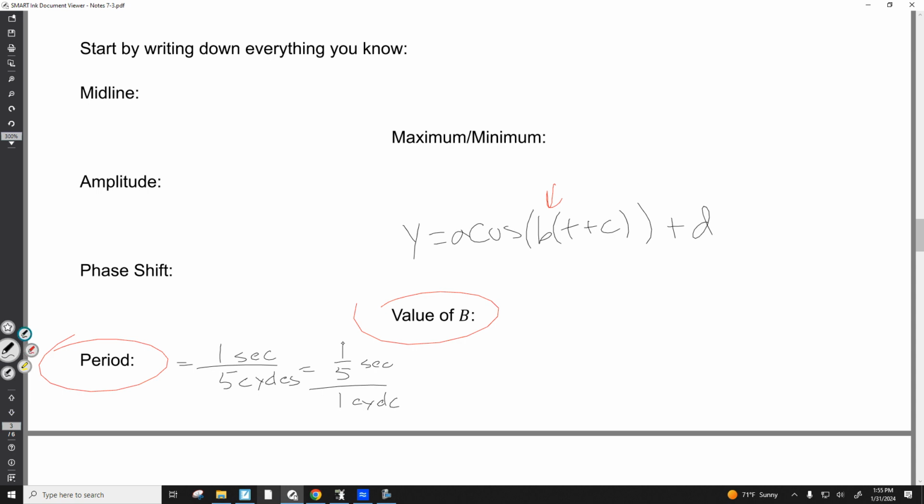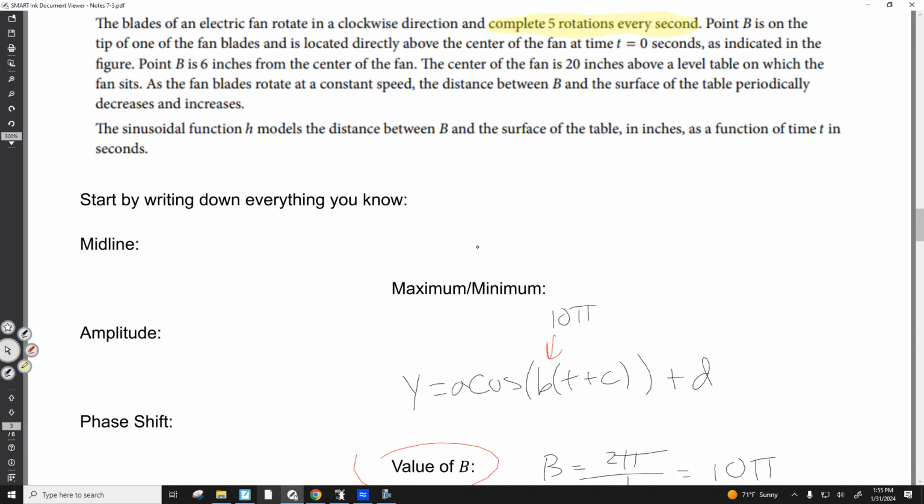B is 10 pi. B equals 2 pi divided by your period. B equals 10 pi. That goes right there. That won't change. Now, the rest of the stuff will make sense provided you understand the situation and the context.